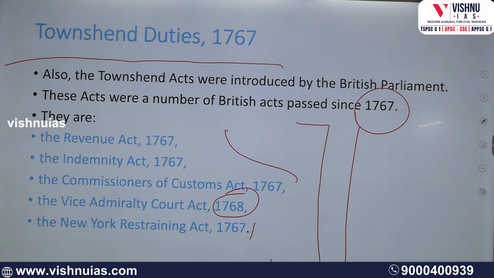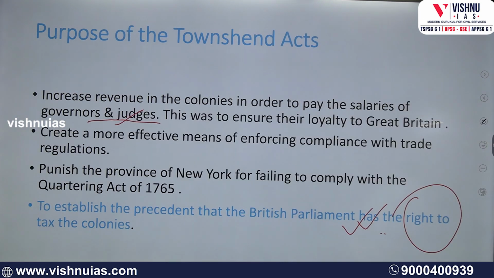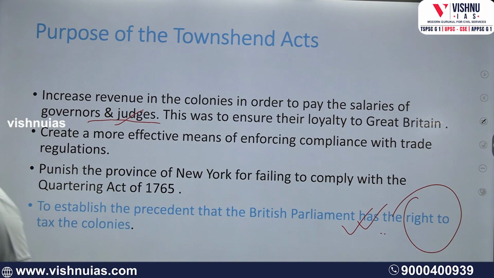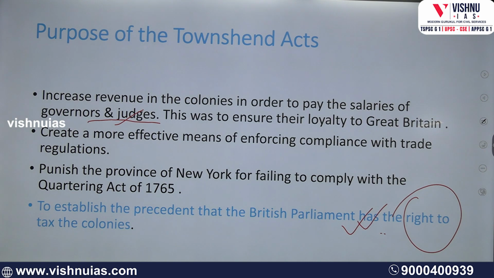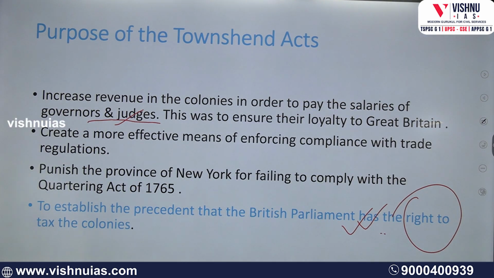Since 1767, 5 laws were passed with the intention, and underline what I am going to say after this, with the intention to establish the precedent that the British Parliament has the right to tax the colonies.